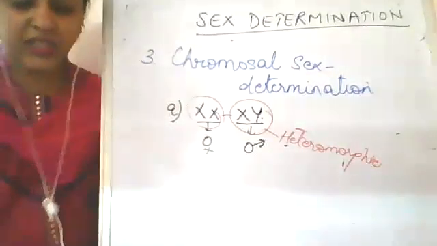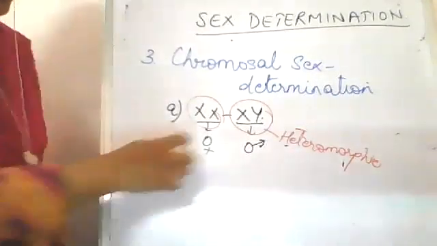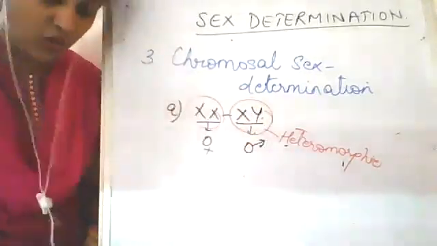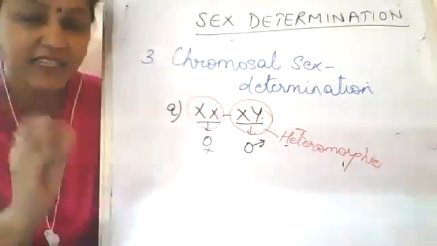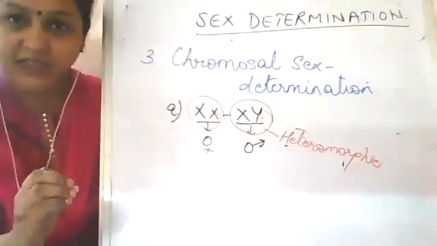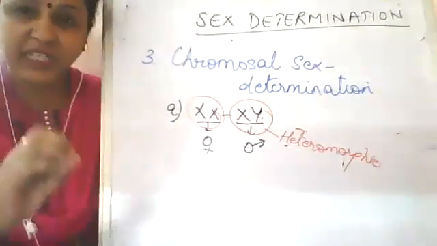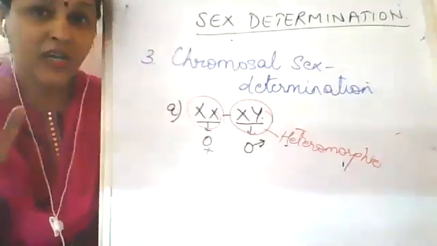In this case, the Y chromosome carries only the gene for maleness. Whenever you study genetic diseases, you have rarely heard of any Y-linked disease. All the genetic diseases based on sex chromosomes are X-related diseases. Why?